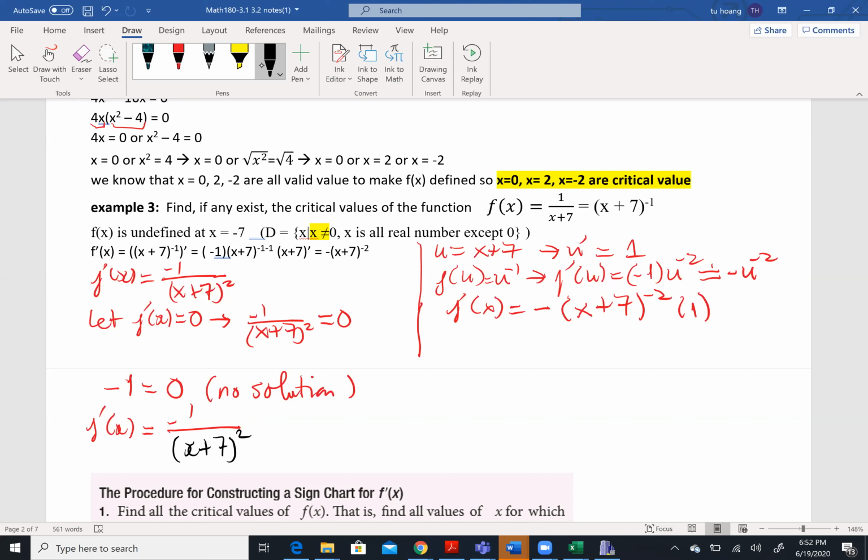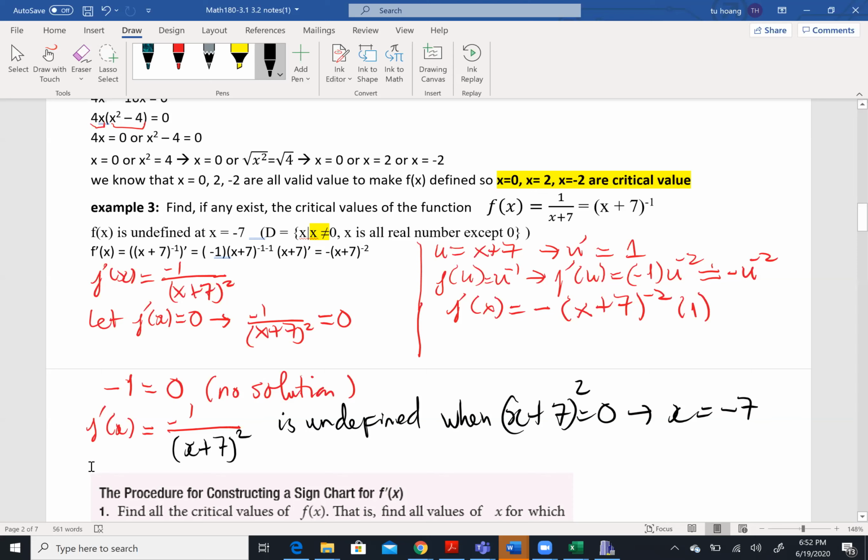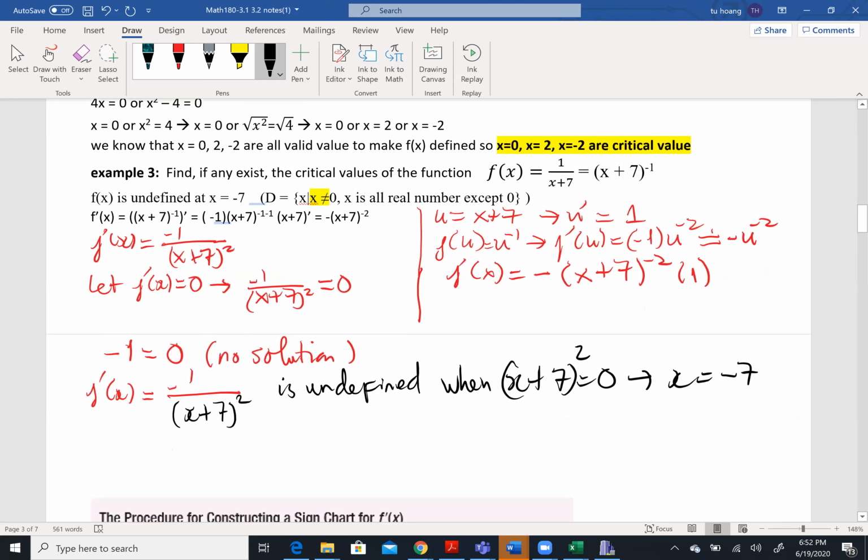So it is undefined when the bottom equals 0, right? x plus 7 equals 0, even squared equals 0. That means what? x equals -7. So maybe this guy, x equal to -7, is a critical value.